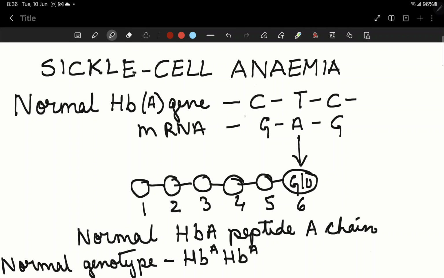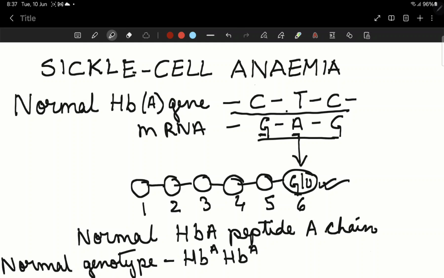When this triplet codes for the mRNA, during the transcription process the mRNA has G, that is C will produce the corresponding G, thymine produces adenine, and again C produces guanine. Now when this triplet codon codes for the amino acid, it codes for glutamic acid. Glutamic acid is one of the amino acids.